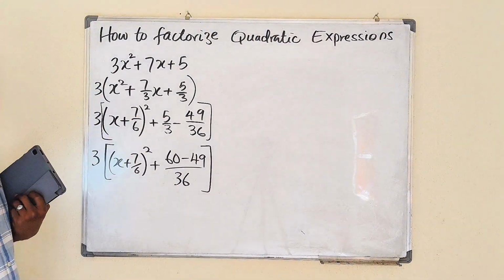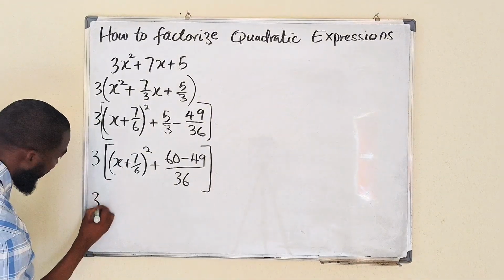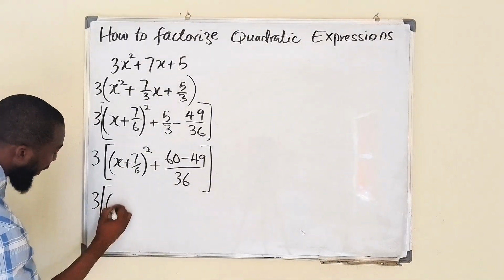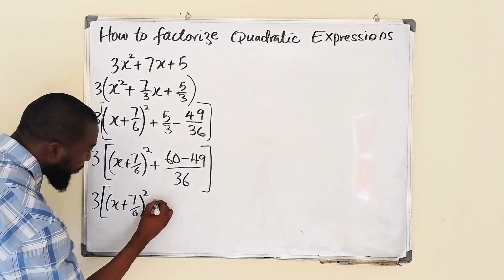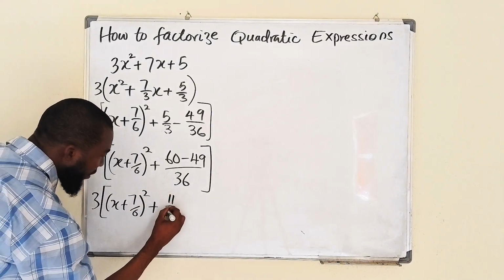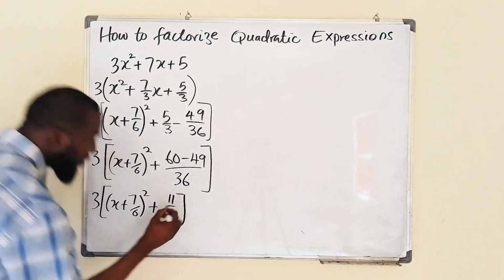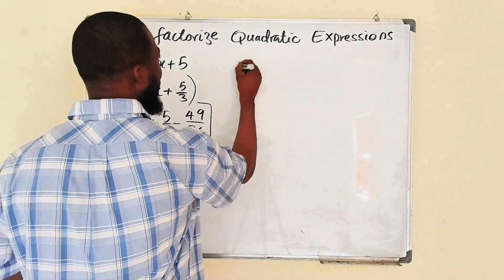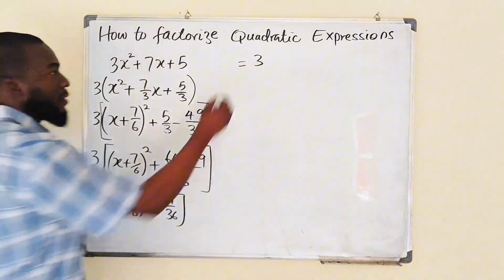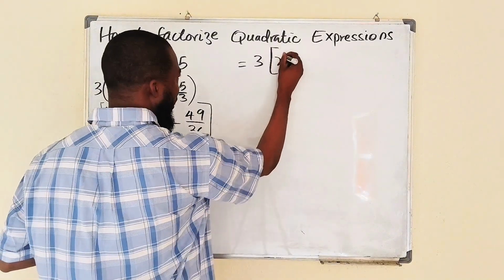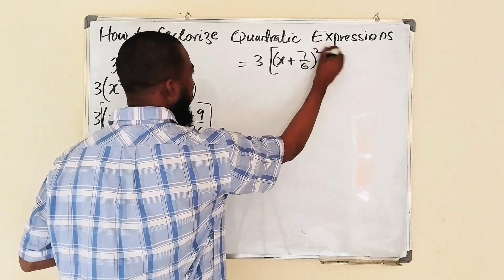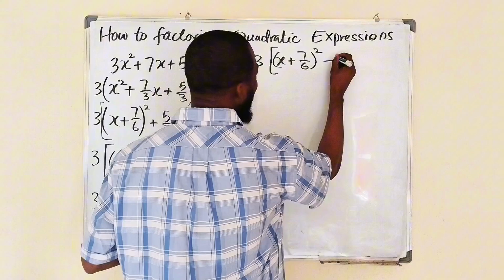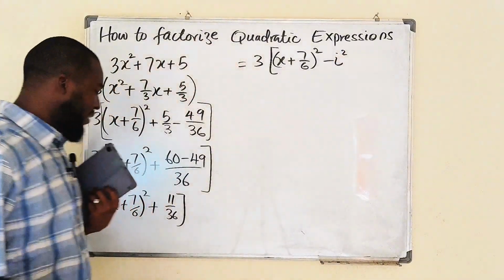60 minus 49 is 11, right? So this is 3 multiplied by x plus 7 divided by 6 whole squared plus 11 divided by 36. Let's move to the other side and continue. This is equal to 3 multiplied by x plus 7 divided by 6 whole squared minus i squared because of that positive sign.